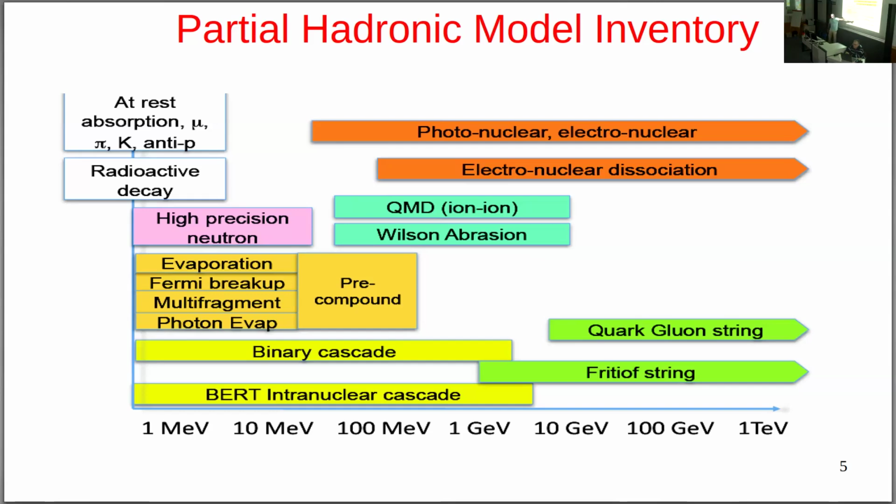On the x-axis is the energy, the kinetic energy in the lab frame of hadrons. You can think about a pion, a proton. The y-axis doesn't have any meaning, it's just showing the different models. And you see that the most important thing is that models are applicable to some energy range. So there is not a single hadronic model which covers everything. So you need to make a patch of different models to cover all the possible energies.